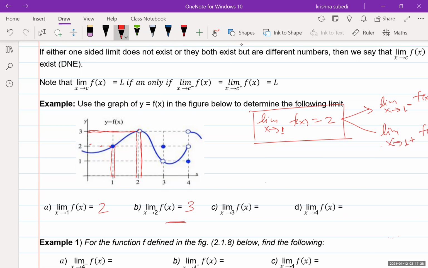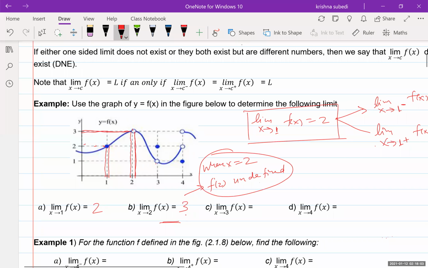Even though f of 2 is undefined, remember this, f of 2 is undefined. When x is close to 2, the function is defined, and this is approximately 3. But when x equals 2, then the function is undefined.